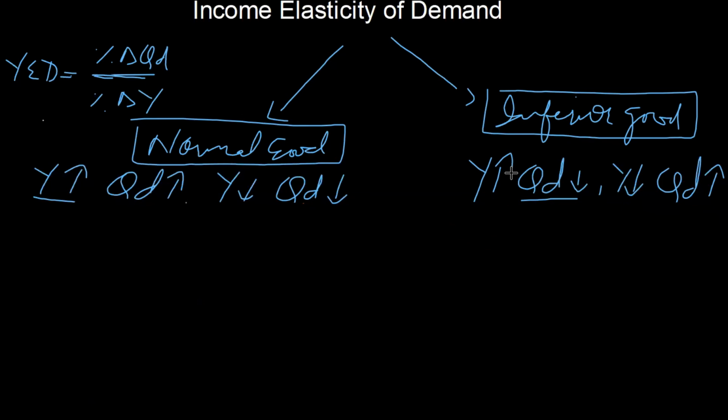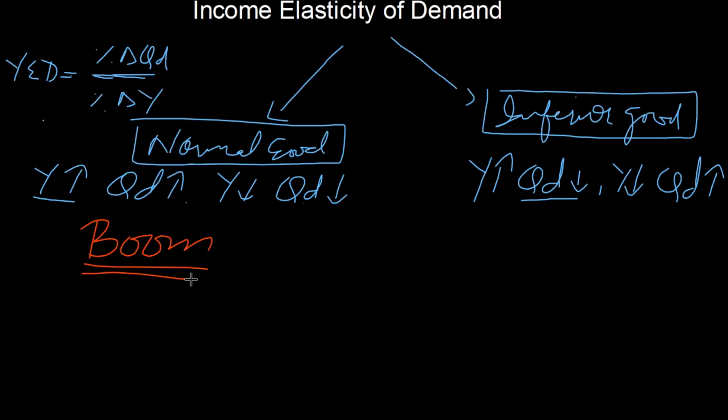Okay, the next topic is the practical importance of income elasticity of demand. This concept is really important for the businessman to know because they can take decisions accordingly. Whenever there is an economic boom, what should business do?